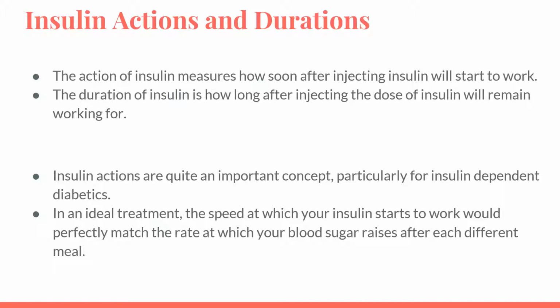In an ideal treatment, the speed at which your insulin starts to work would perfectly match the rate at which your blood sugar rises after each different meal. In general, the rapidity of the insulin you take should roughly match the speed at which your blood sugar rises after eating. However, even with advances in insulin production, you may find that the speed at which your insulin acts is no match for the rise in blood sugar.